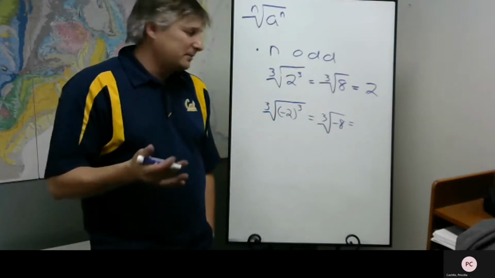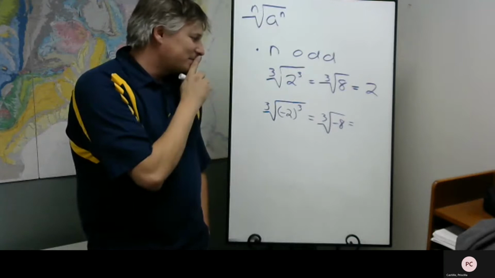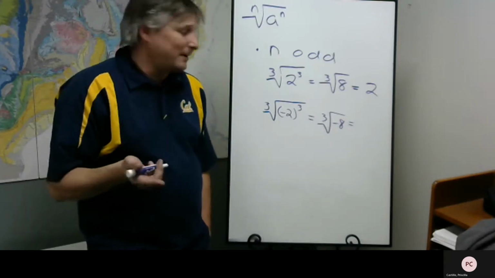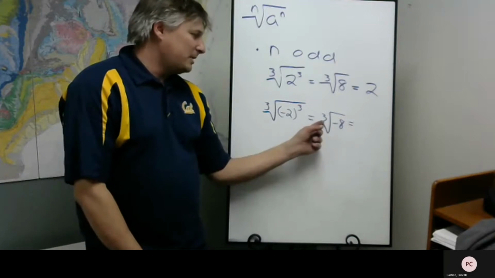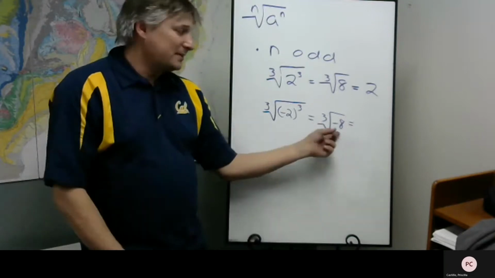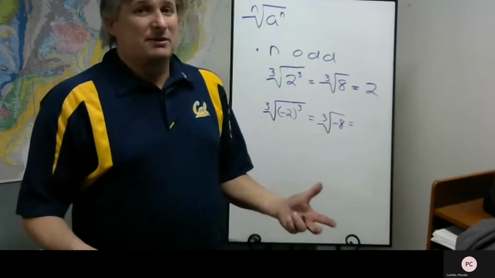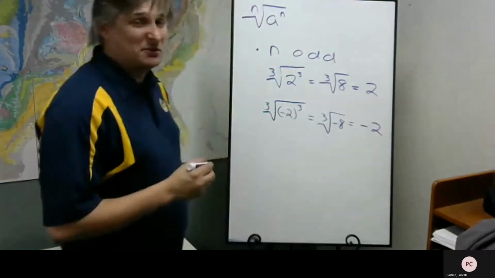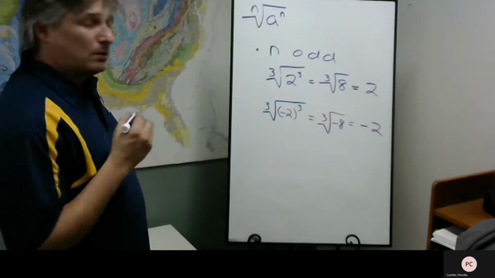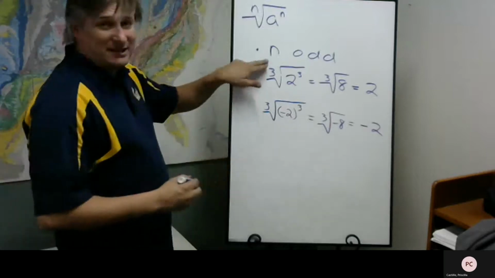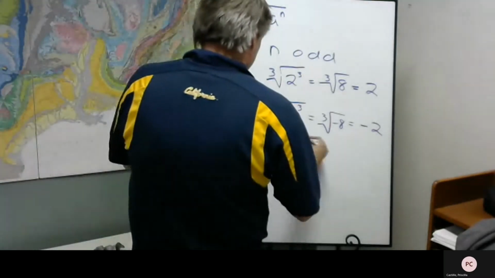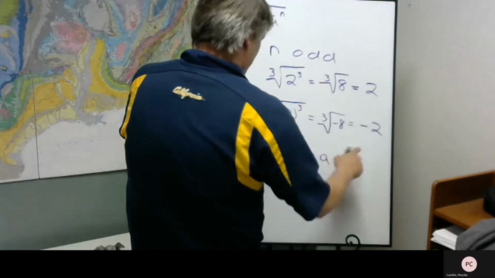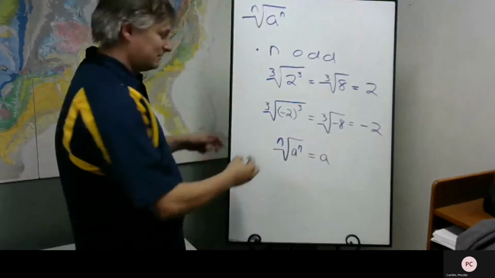So what we're going to look at, for odd roots, is what 3 numbers that are all the same multiply to give negative 8? There's only one type of number that does that, and that's negative 2. So what we're going to get is this. When n is odd, it just kicks the number right back out.